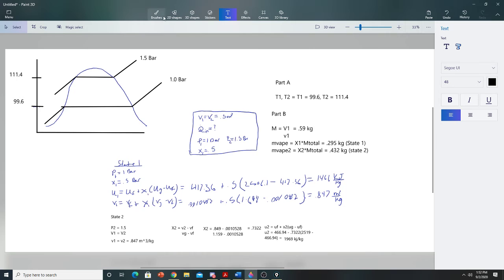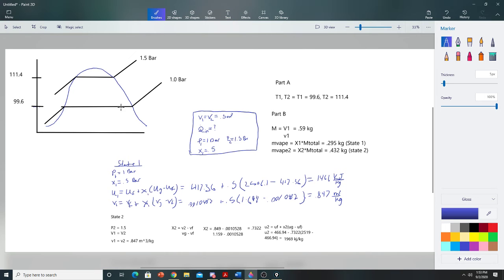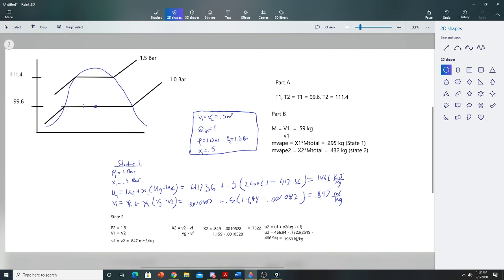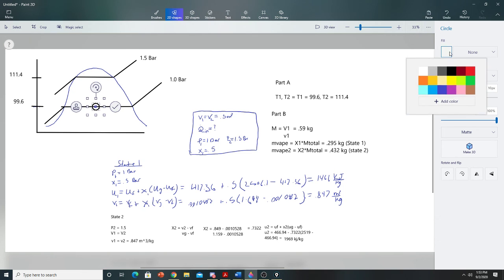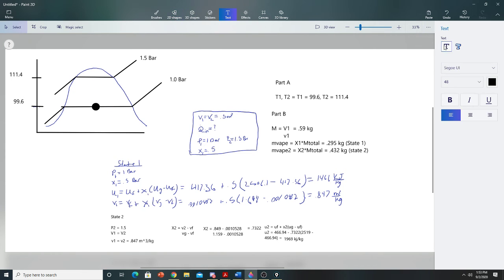So now let's draw the process, right? The first process was heating, or the only process. We started here at state 1. I'm going to draw a little line right here. So that right there is state 1. State 1 ended up right there.